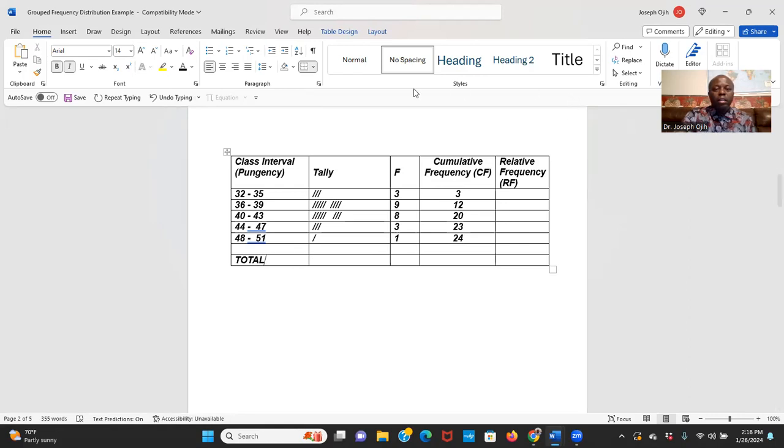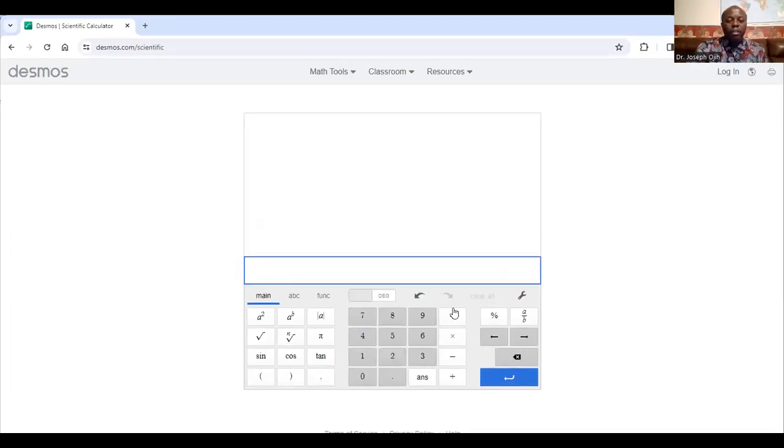Let's use the calculator to get the total. 3 plus 9 plus 8 plus 3 plus 1 gives 24. So our answer is 24.